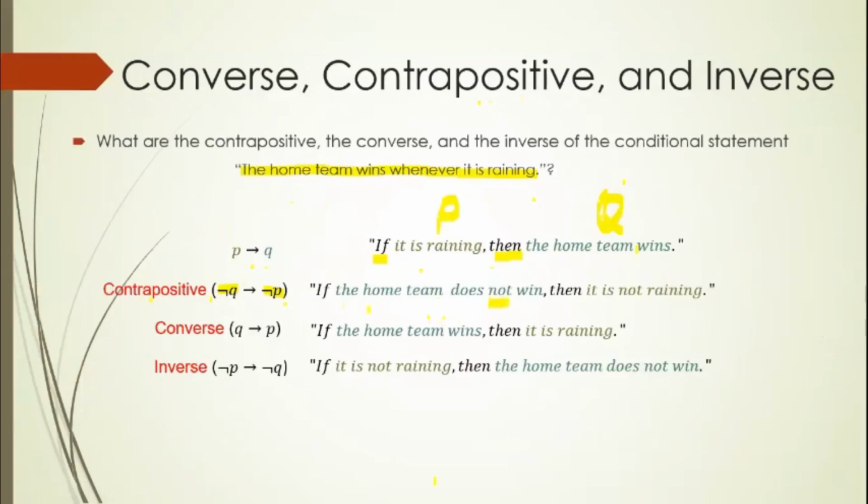If the home team does not win, then we negate this: it is not raining. That is true because the home team will only win if it is raining. So if the home team does not win, then it is not raining.